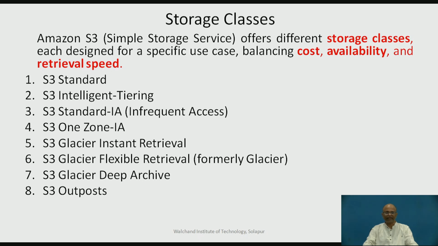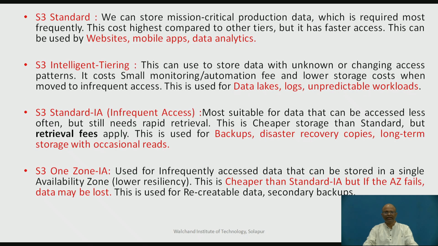First one is S3 Standard, second is S3 Intelligent-Tiering, third is S3 Standard Infrequent Access, fourth is S3 One Zone Infrequent Access, fifth is S3 Glacier Instant Retrieval, sixth is S3 Glacier Flexible Retrieval, seventh is S3 Glacier Deep Archive, and last one is S3 Outposts. So let's check each one of them in detail.